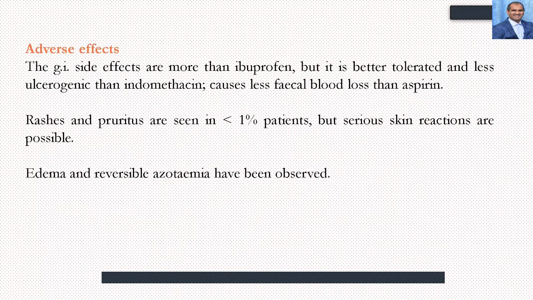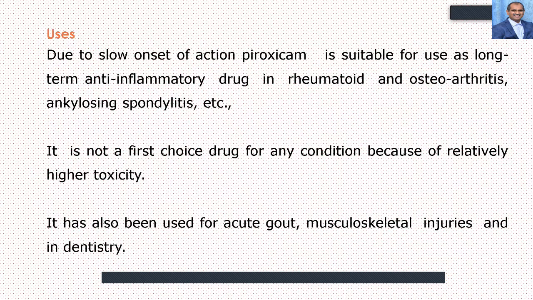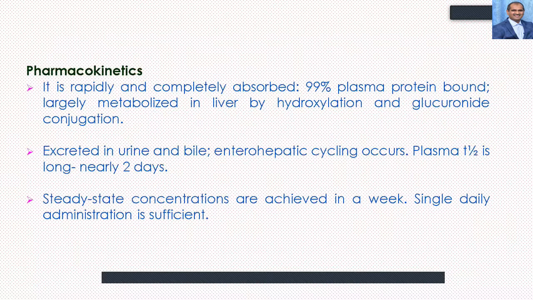Rashes and pruritus are seen in less than 1% of the patients, but serious skin reactions may be possible, and edema and reversible azotemia are commonly seen, and the clinical signs of ulcers and erosions are also very common here. And the clinical uses of these agents, especially piroxicam and meloxicam and many other drugs, are under this category of the enolic acid derivatives.